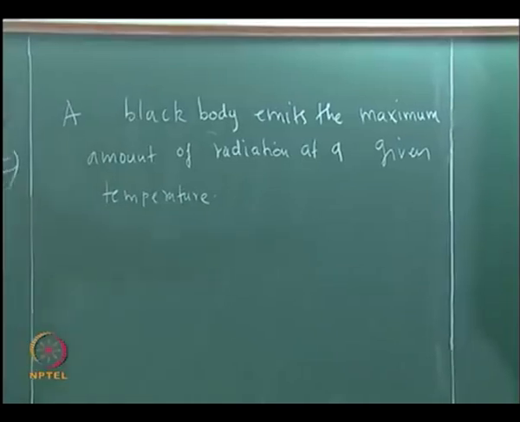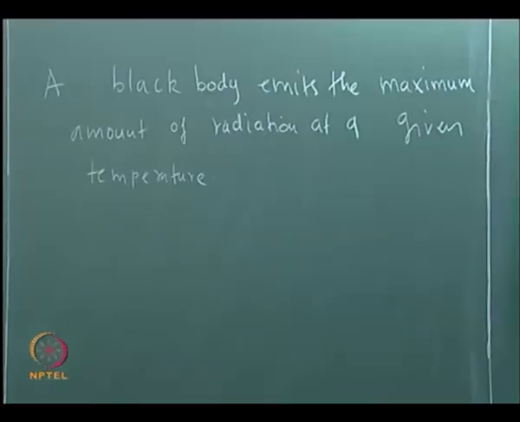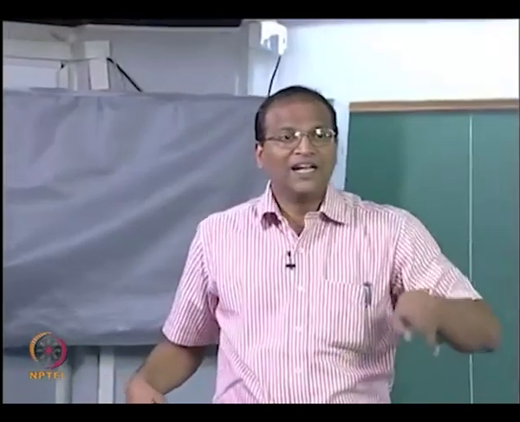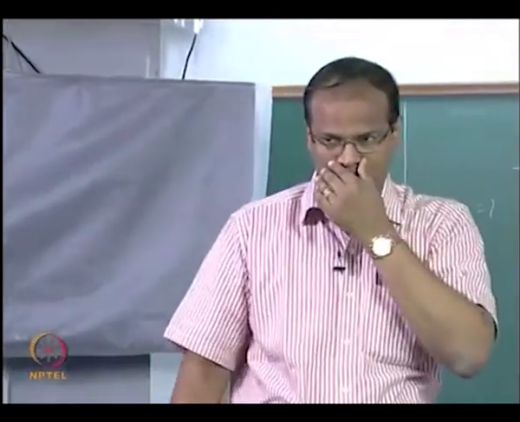So some people, as Pradeep Kamath defined, he said black body is one which emits a maximum amount of radiation. That is true, but that cannot be used for defining the black body. A black body is fundamentally defined on the basis of its ability to absorb fully. That it is emitting maximum is a consequence of the first, it is a corollary.